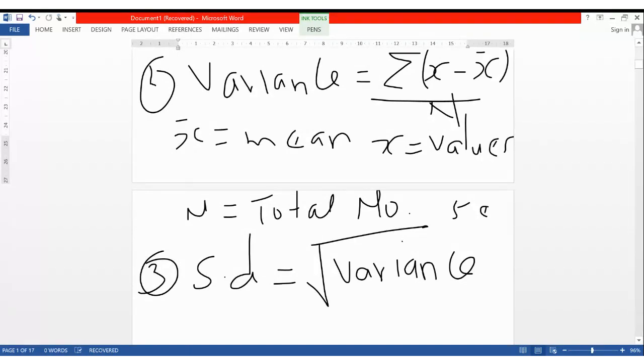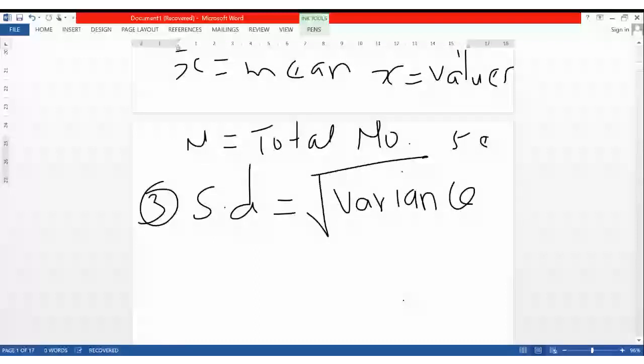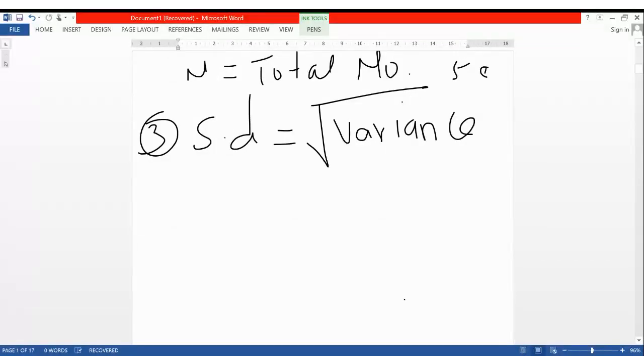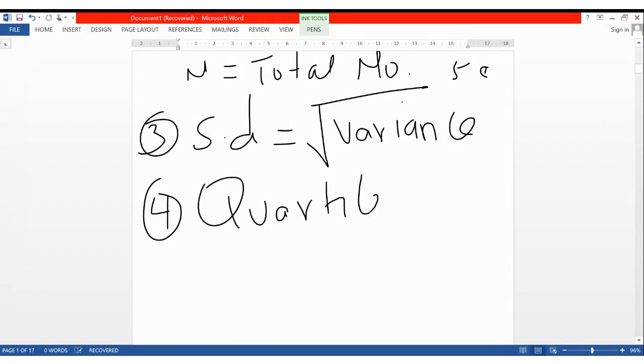Now, I can still get the quartile range. We have Q1, which is 25%, or a quarter of n.